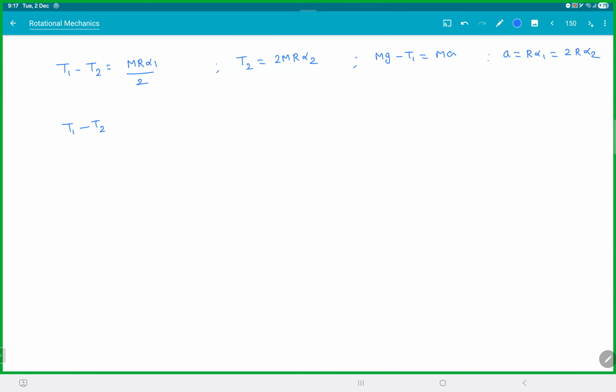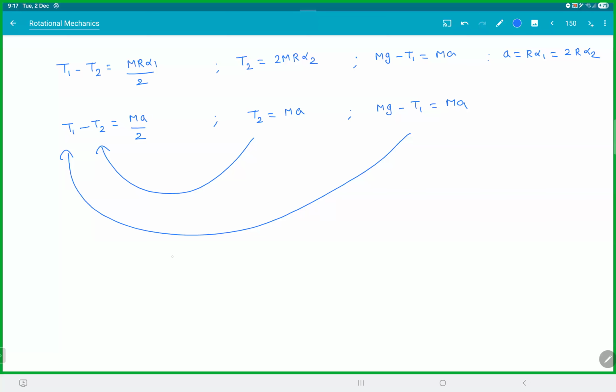T1 minus T2, R alpha 1 will be Ma by 2. T2, this will be also Ma, 2R alpha 2 is A. There I eliminated alpha 1 here. Mg minus T1 is equal to Ma. Perfect. You're done. Take T2 here, substitute. Take T1 here, substitute. So T1 will be Mg minus Ma and T2 will be Ma, is equal to Ma by 2. A is equal to 2g by 5.